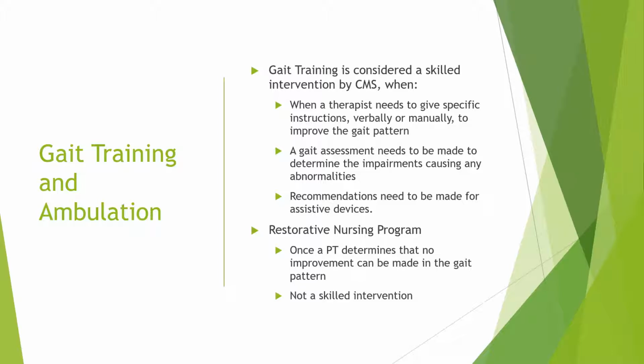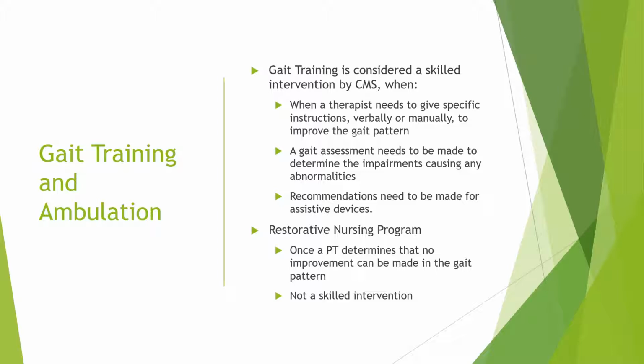Once we determine that whatever we're providing is not skilled anymore, we can switch it over to maybe a restorative nursing program. So if there's no more improvement that can be made in the gait pattern, or once we've made our recommendations and they're doing fine on their own, but maybe they just need a little bit of help, or just someone to go and walk with them, but otherwise it's not a skilled intervention, then we can switch them over to a restorative nursing program.